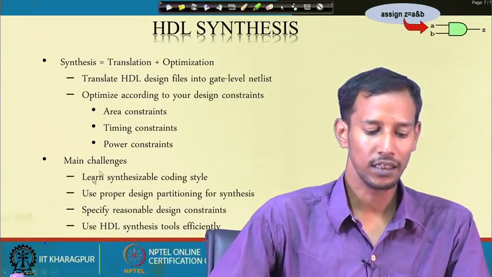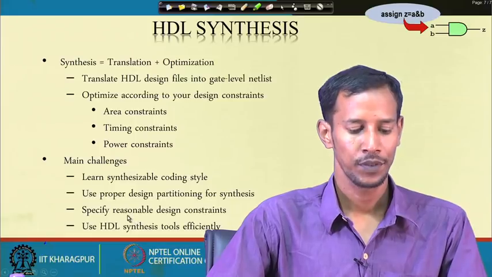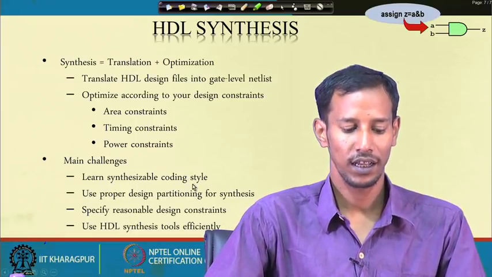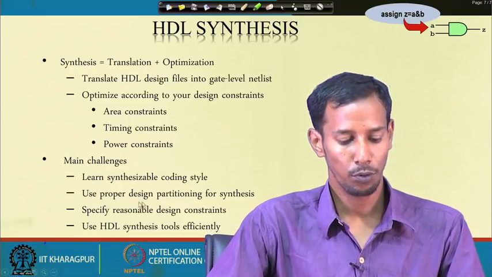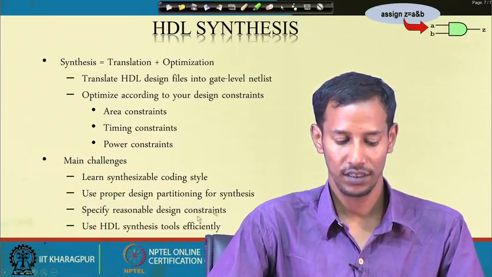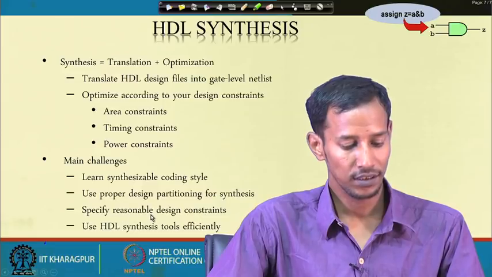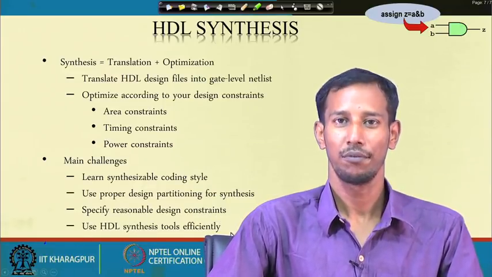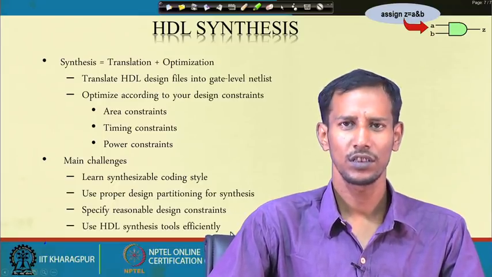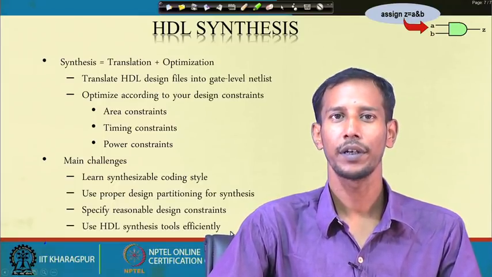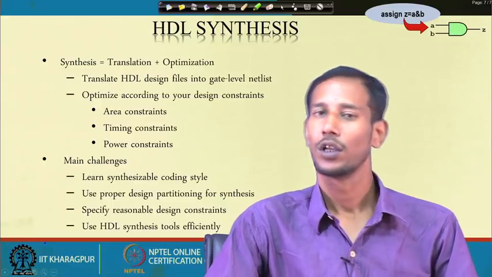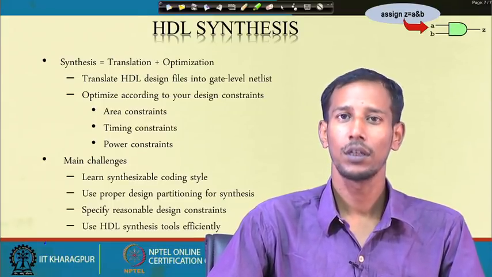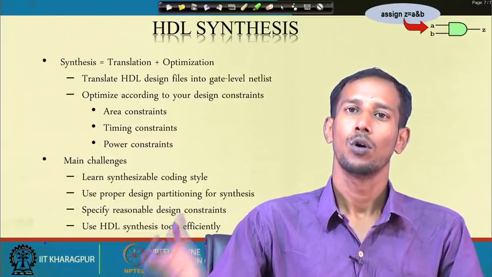So, here the main challenge is to learn the synthesizable coding styles, then use proper design partitioning for synthesis, specify reasonable design constraints and use the HDL synthesis tool efficiently. So, this is all about the automated way. We will see that in the automated way you can do the optimization, and manually also you can do it.